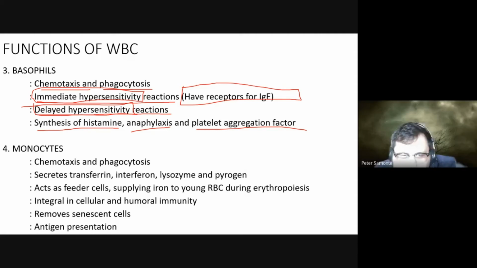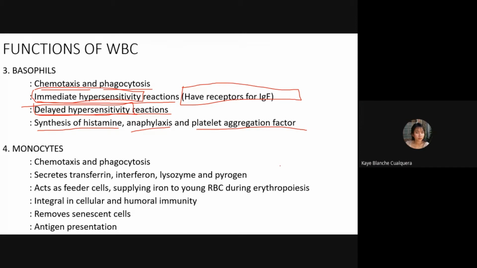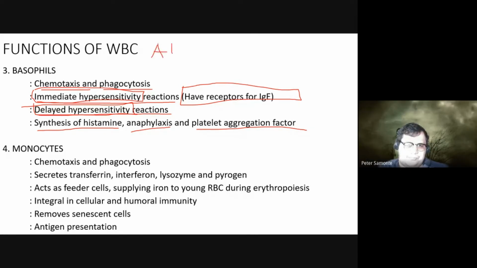Sir, can you give me an example of immediate hypersensitivity reaction? In your immediate hypersensitivity, can you give me an example? Allergy, sir. Okay, allergy. What do you call that specific allergy? Don't we have types of allergy?